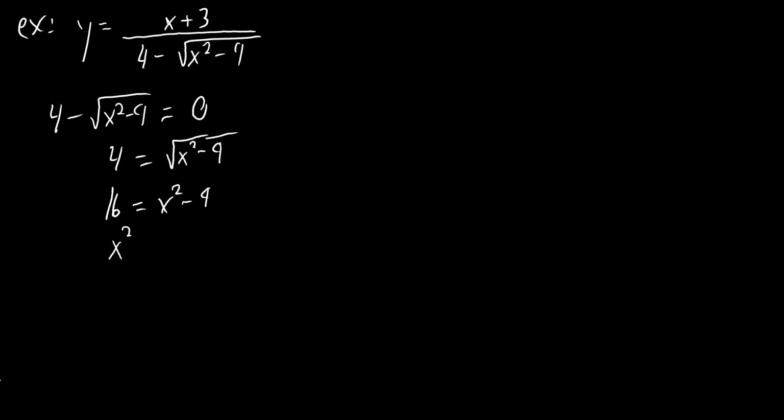So x squared is going to equal 25, so our square root of 25, so x is going to equal plus or minus 5. Okay, perfect. So in this case, x cannot equal this. Okay, when we look at the function here, we cannot have 5 plugged in here, or it'll make our denominator 0. So we know there's vertical asymptotes at plus or minus 5.